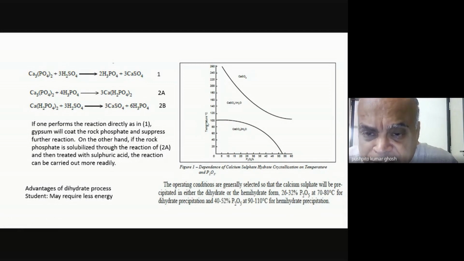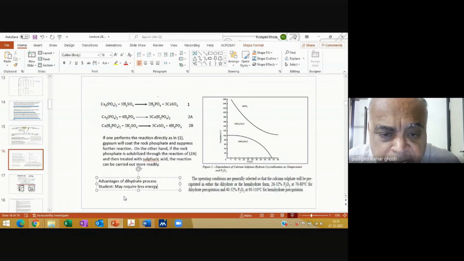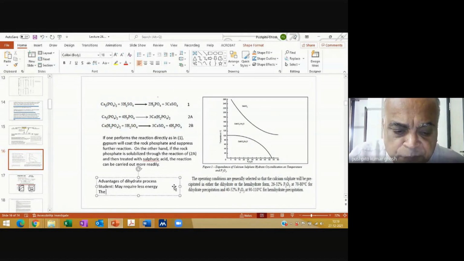But the disadvantage, of course, one disadvantage is that the P2O5 concentration will be low, which means that I will have to have a higher evaporation cost. So that's the disadvantage.